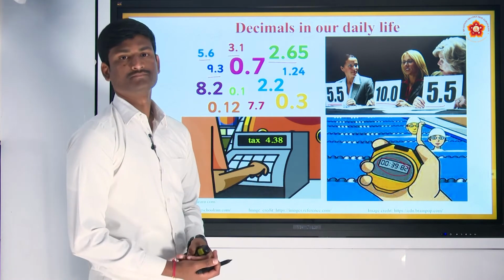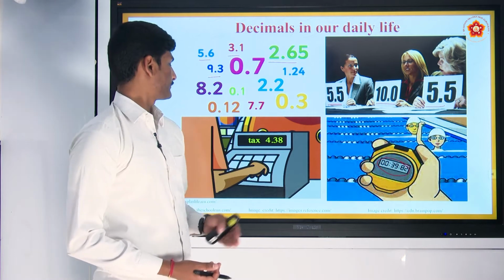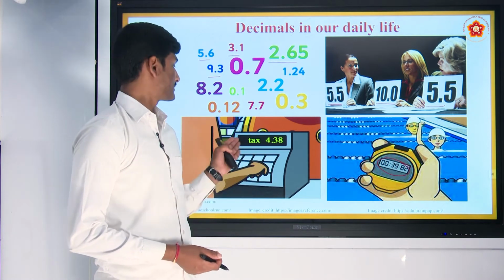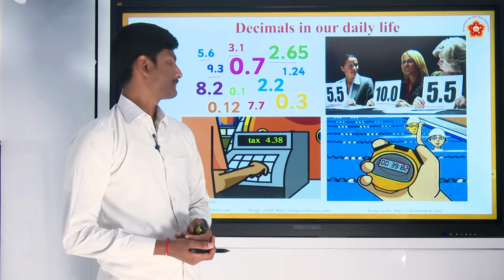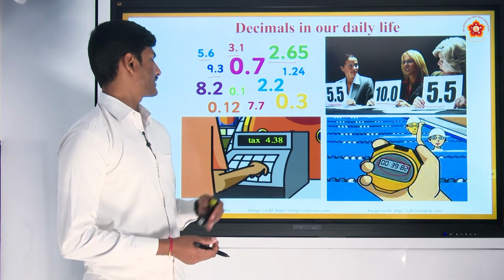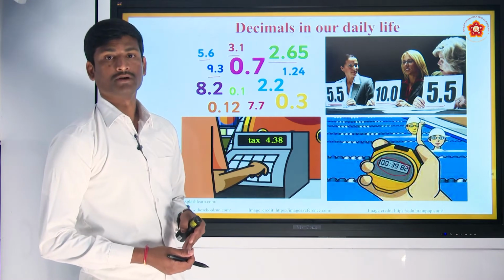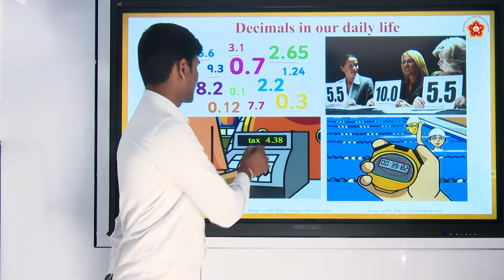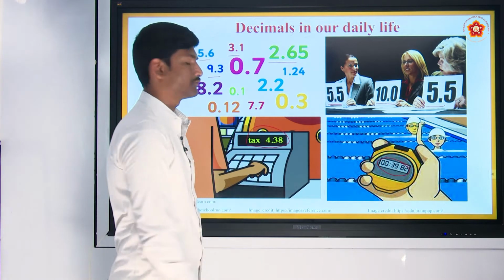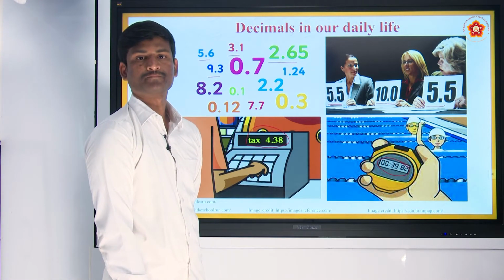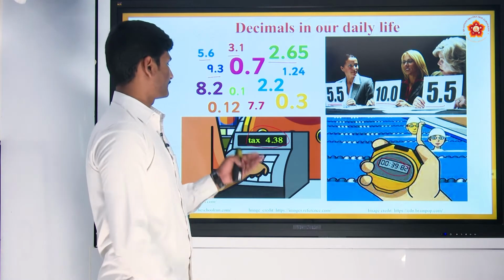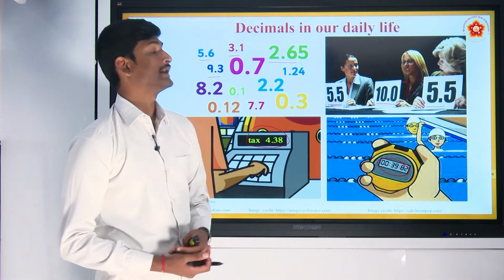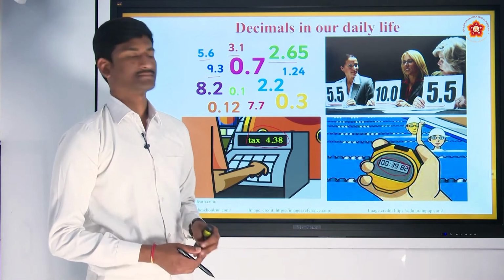And then the third one: we go to the shop and some items are purchased. After purchasing the items, the shopkeeper gives the bill in the form of decimals, like the tax 4.38. Okay, this figure shows how we use decimals in our daily life.